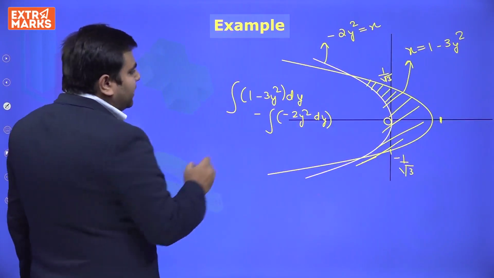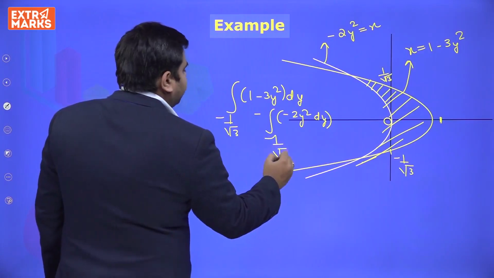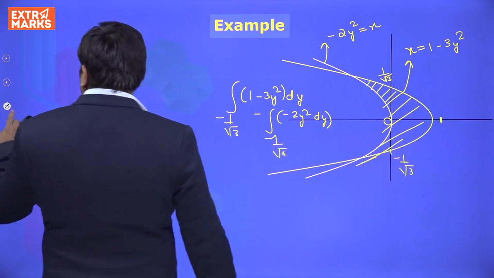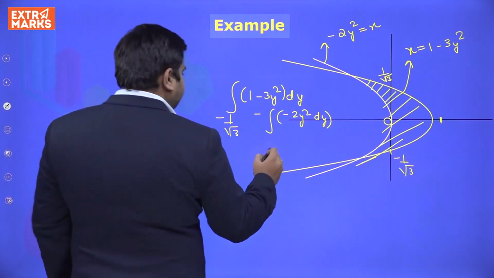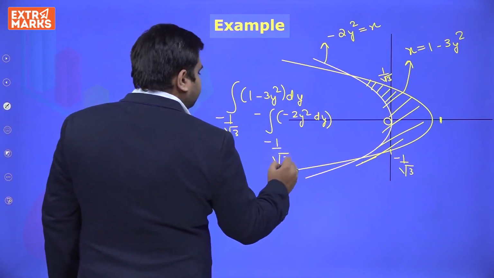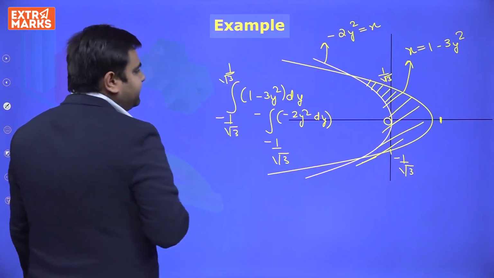And y is getting varied from minus 1 by root 3 to 1 by root 3, right?